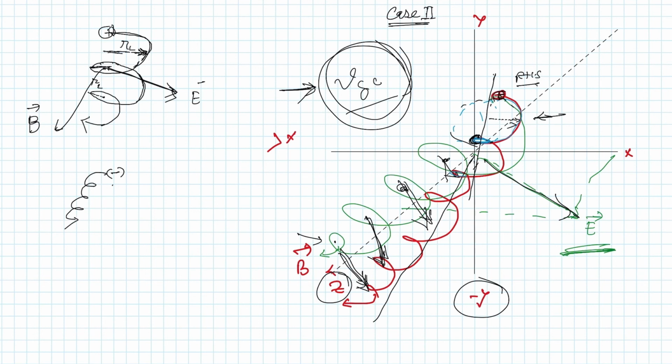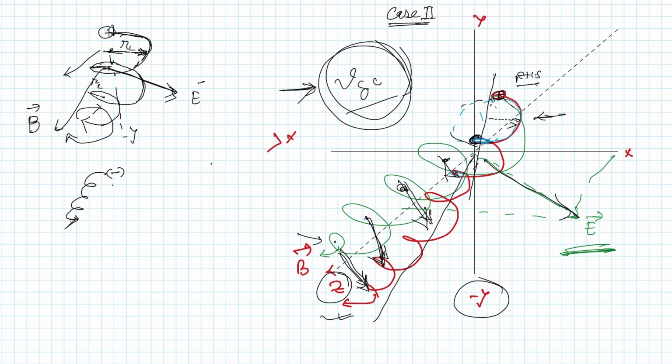This one is clockwise and here it is anti-clockwise. Here you see its Larmor motion is along the z-axis, and the guiding center is drifting down along the negative y-axis, this one.